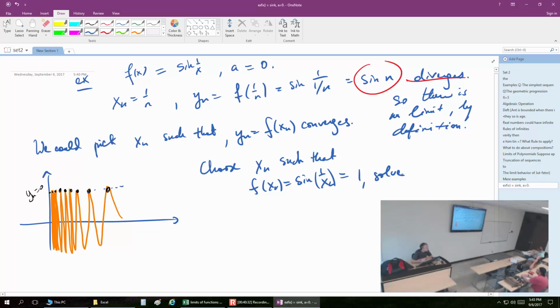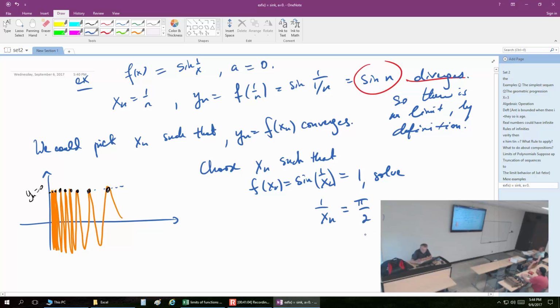When is sine equal to 1? What angle, the sine of which is 1? That one, 90 degrees. Right, 90 degrees, but radians, please. Pi over 2.